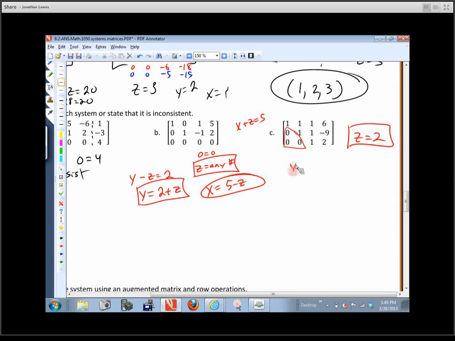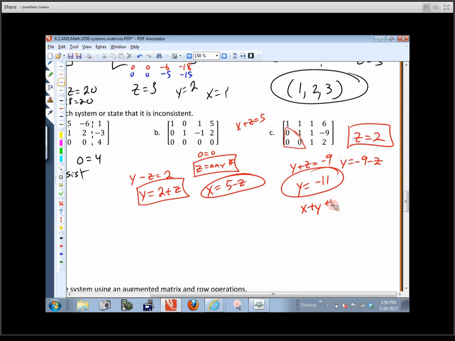That second equation means y plus z equals negative 9. So if I told you that z was 2, what's y? Negative 11. Or if we move that around, it would be y equals negative 9 minus z. What does that first equation mean?